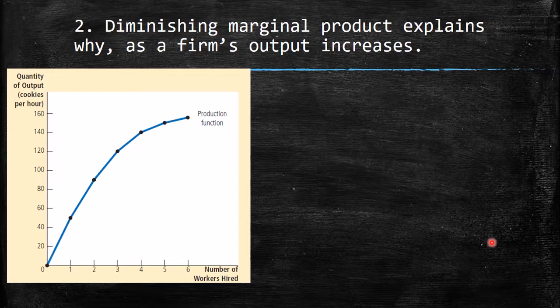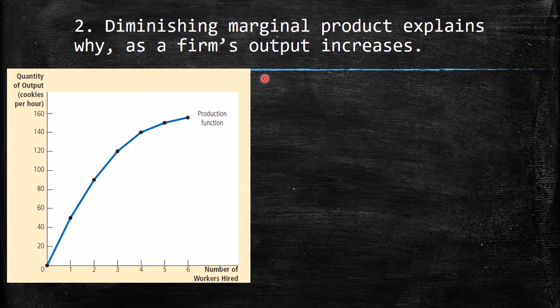The idea of this basic concept is that when we increase one worker here, which is the input, the production will increase, but it will increase in different quantities. So as you notice here, the slope of this curve is getting flatter. So this is the principle of diminishing marginal product.